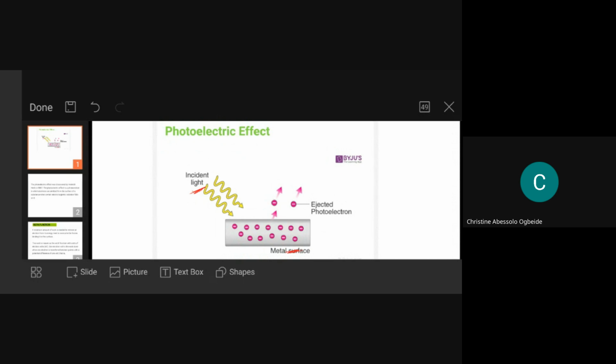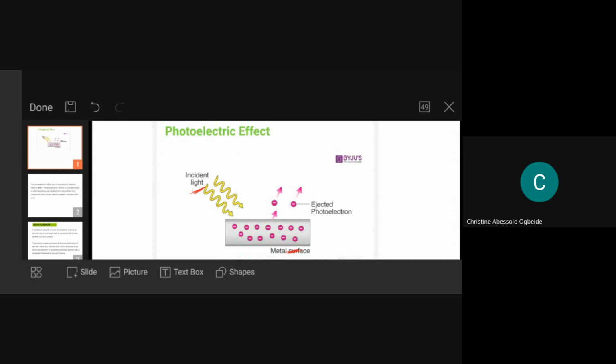A good illustration is your solar panel or even your roof. Light hits the metal surface, and electrons already domiciled on this metal surface are ejected or removed, just like you said. That is what the photoelectric effect is all about.